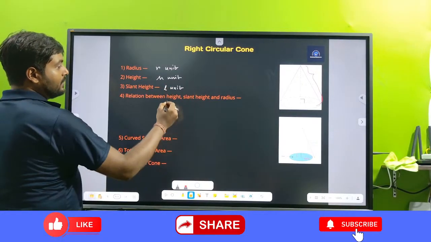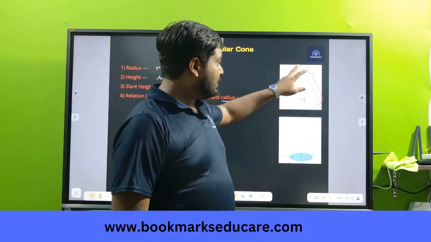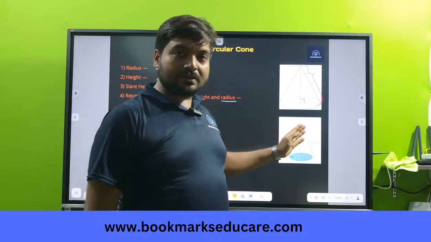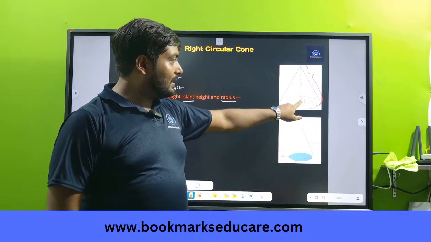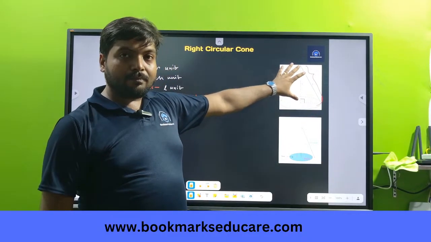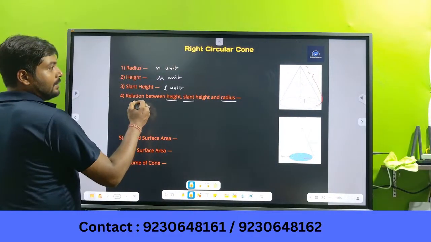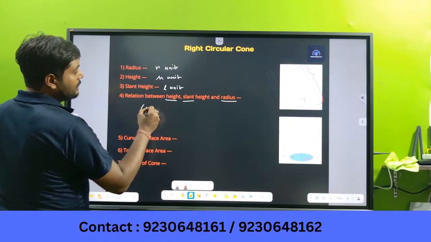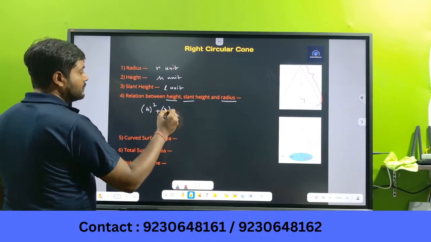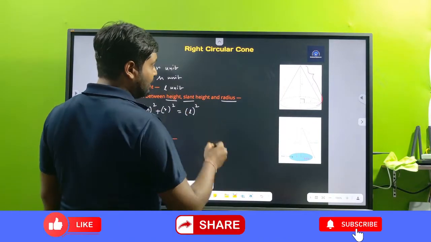And there is a relation between height, slant height and radius. We all know Pythagoras theorem. Here you can see that this is a right angle triangle, so you can apply Pythagoras theorem. The radius is the base, this is the perpendicular, and this is the hypotenuse. So by Pythagoras theorem, height square, that is h square, plus base r square, equals the hypotenuse, here the slant height, L square.